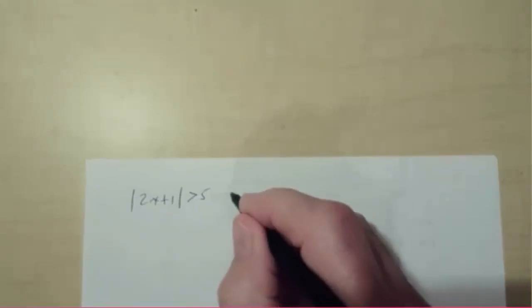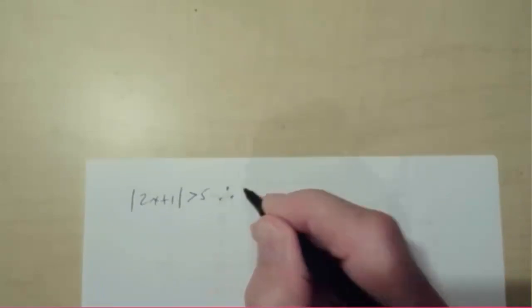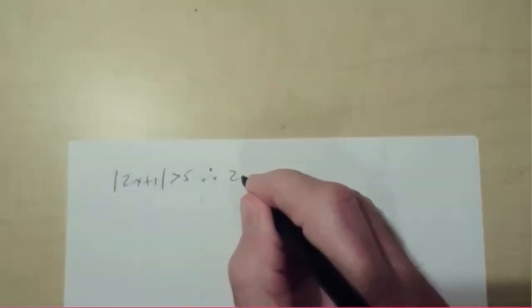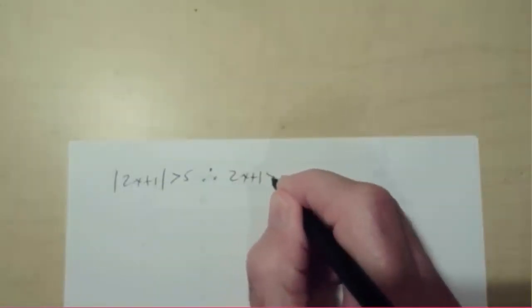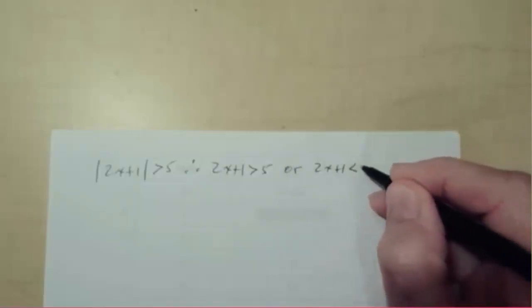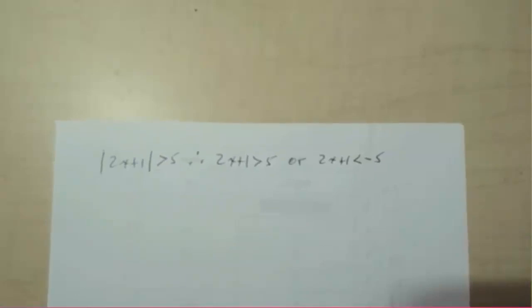Therefore, remember the three dots in a triangle mean therefore, 2x plus 1 is greater than 5, or 2x plus 1 is less than negative 5. The positive and the negative. Wait, did I do that other problem wrong?